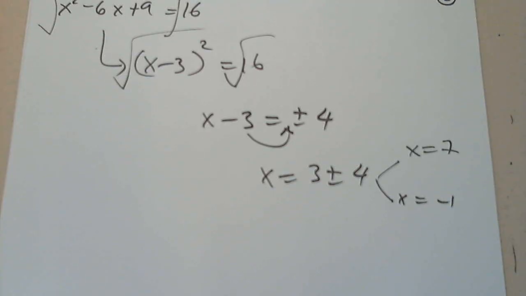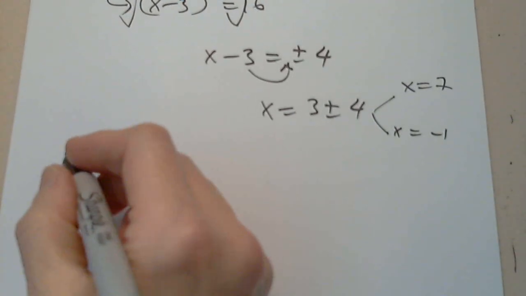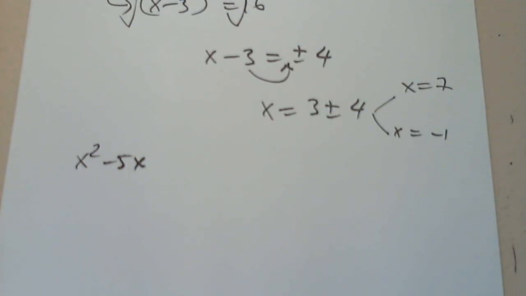So this is again x minus 5 squared equals 36, and you can apply the square root property. Okay, complete the square in this expression. Okay. Good. So here we have x squared minus 5x.